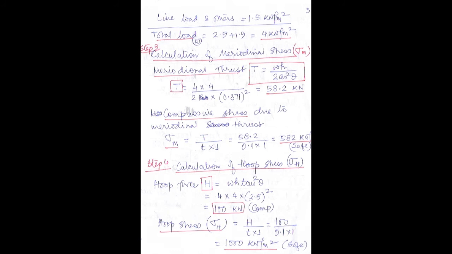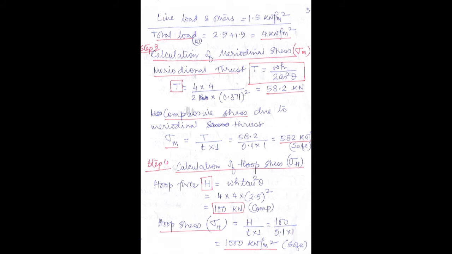Remember, this is the meridional thrust. Due to this meridional thrust, a compressive stress is generated. That is the meridional stress. So sigma m is equal to the stress value. How can we find the stress value? We find it by the load divided by the cross sectional area. T is the thickness, and 1 is the per meter length.